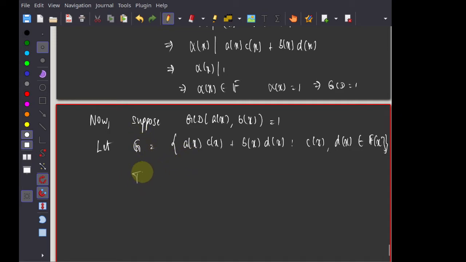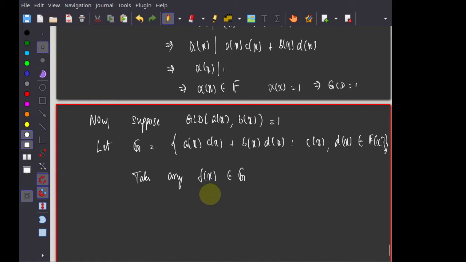Right? Take any f of x in G. So f of x can be written as a of x, c of x plus b of x, d of x for some c and d. Okay? A and b are fixed. This G is defined in terms of a and b.